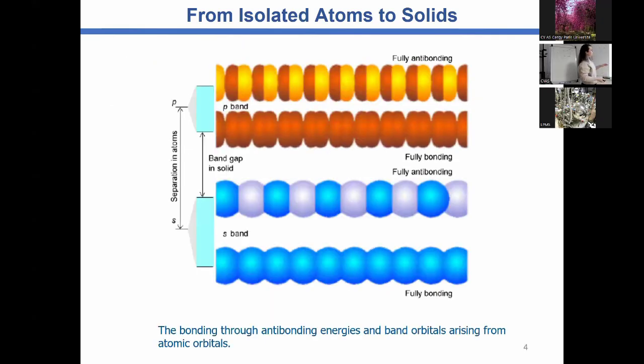So here I just give another overview on the states that we have in terms of orbitals, depending on the material. For instance, here I just grab one orbital that comes from carbon, because we work a lot with carbon.